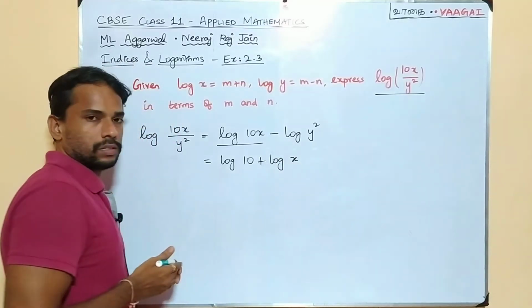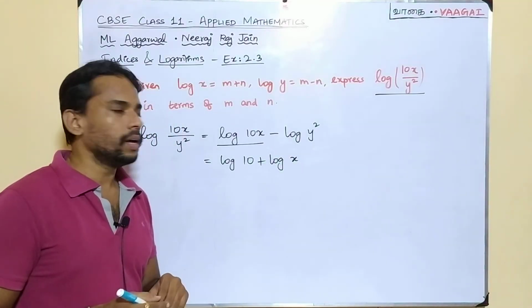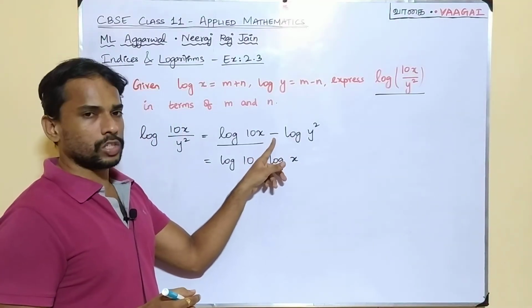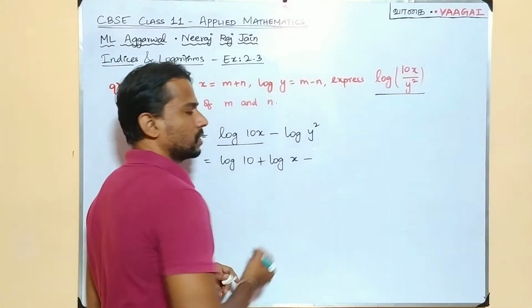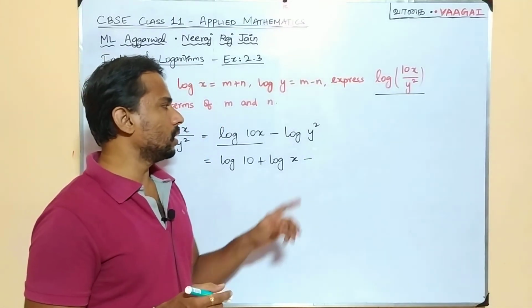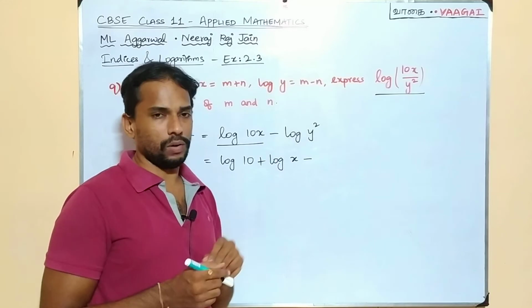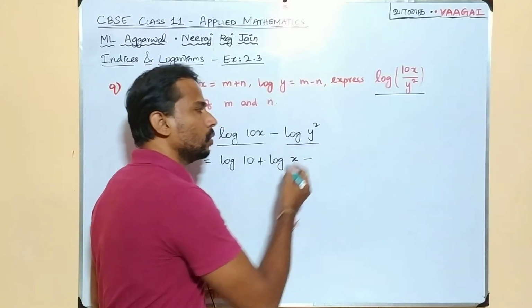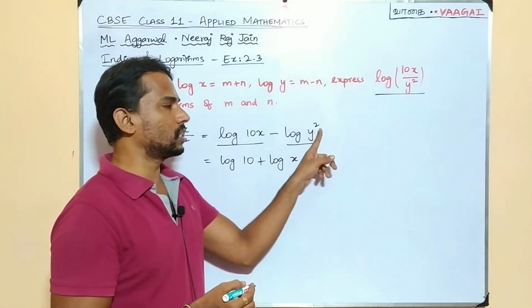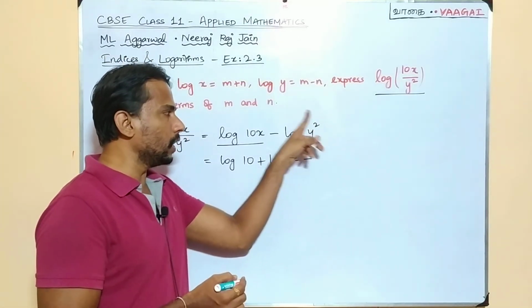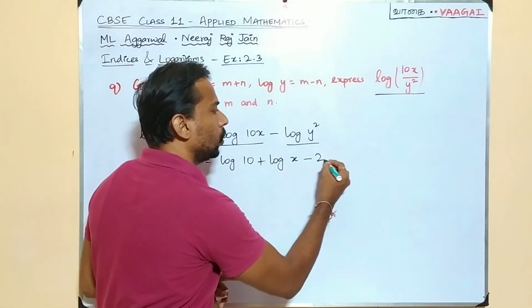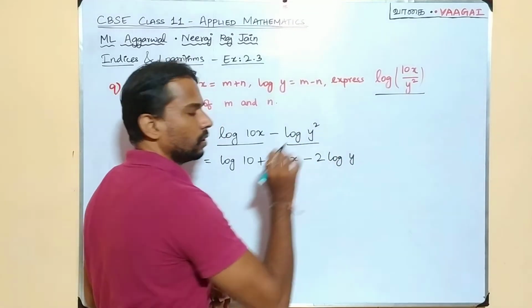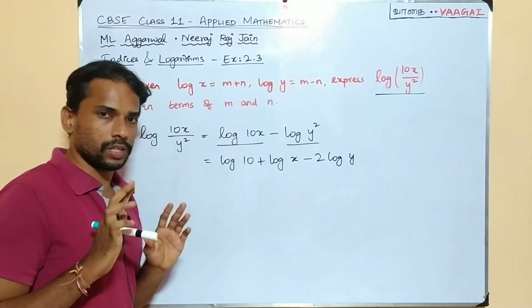I hope you can understand this. And now I can put minus. Now log y square you have. This term I can write using the power rule: this 2 I can bring to the front. So this will become 2 log of y. Is this clear?